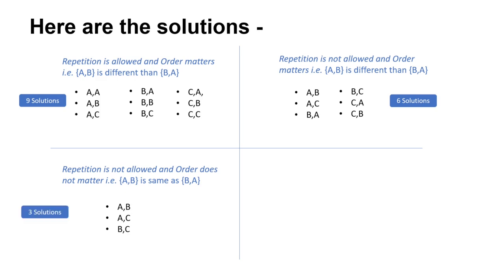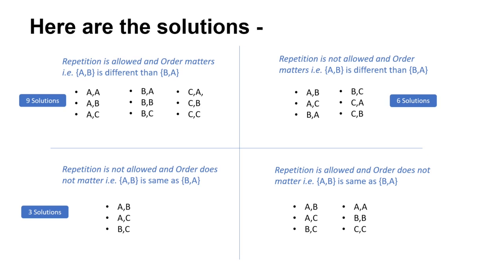So there would be 3 solutions. The last one, repetition is allowed and order does not matter. So you can again use repetition, but this time order does not matter. AB is still the same as BA, which means you can use AB, AC, BC, AA, BB, CC. These are 6 solutions.